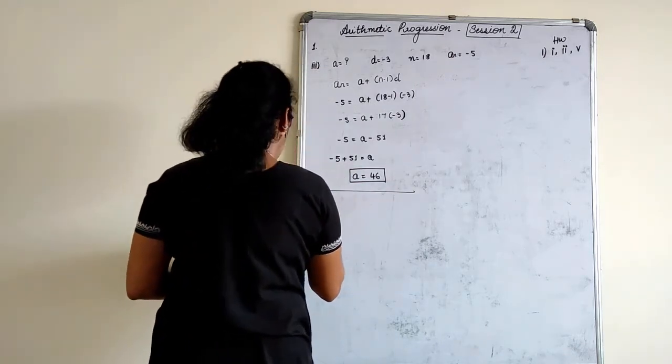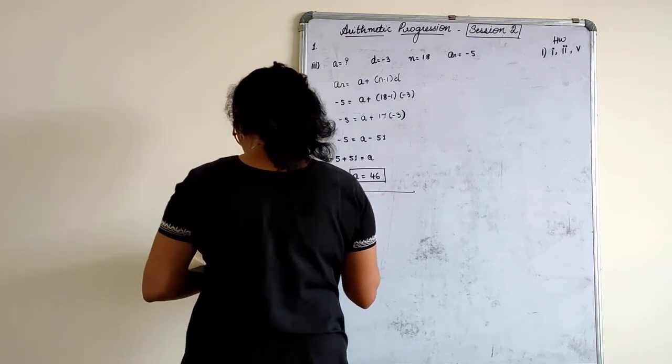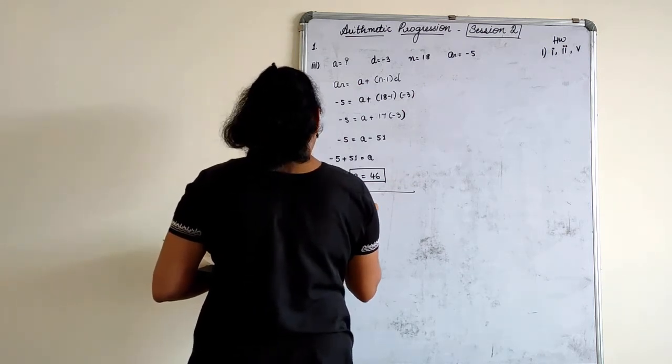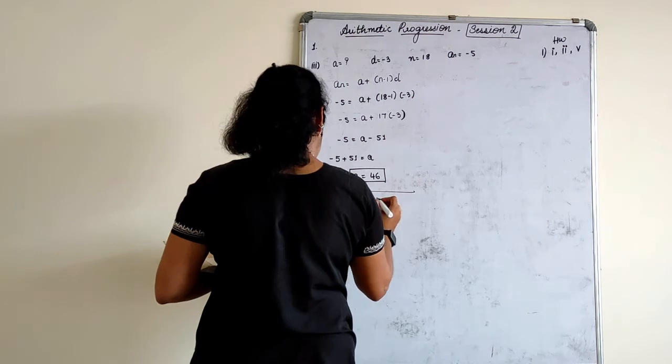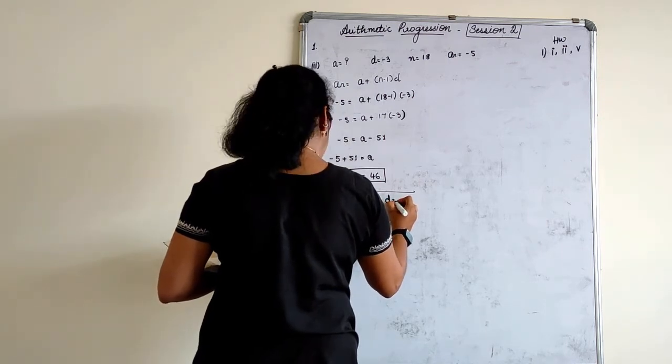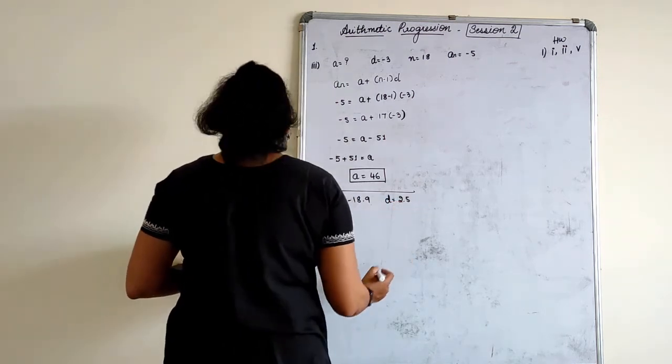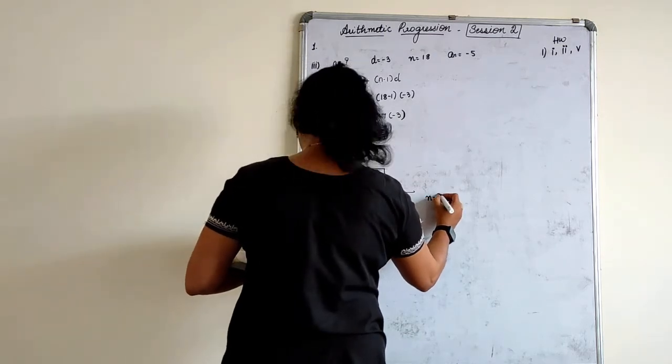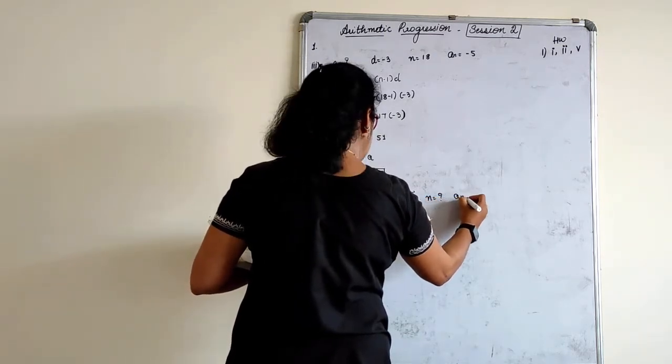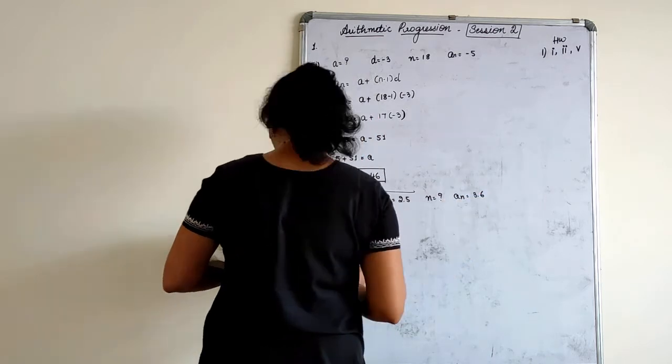So, let's see the fourth one now, how they have asked. In the fourth one, a is given as minus 18.9. Then, common difference is 2.5. Number of terms we have to find out, and an is 3.6.